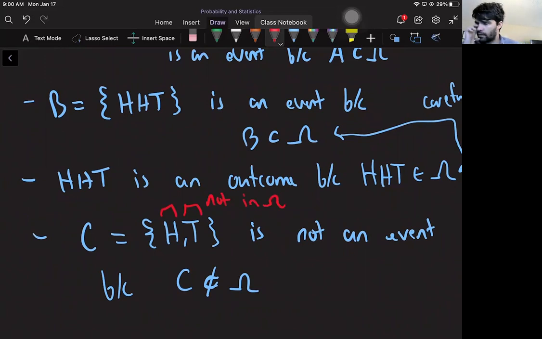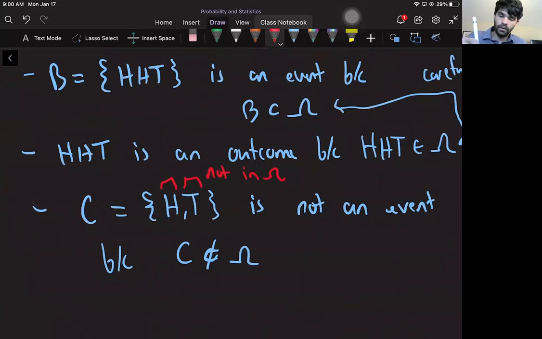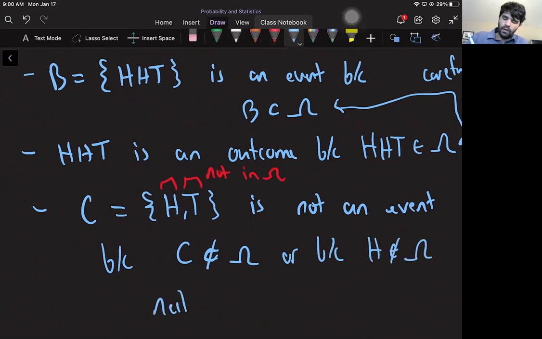Okay. So let's see. So another way to say it is, because H is not in omega, and neither is T. Okay, just to use the element notation, but we're saying the same thing.